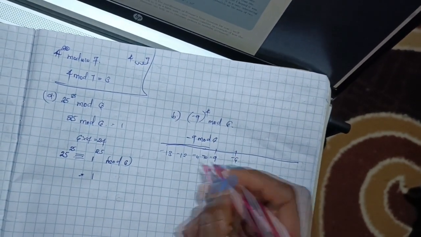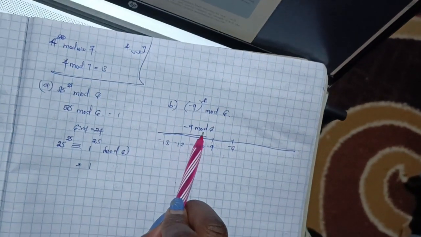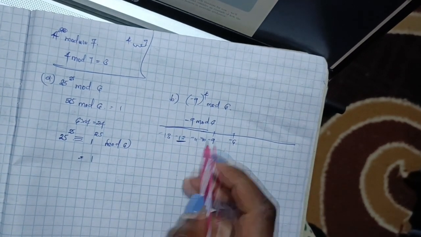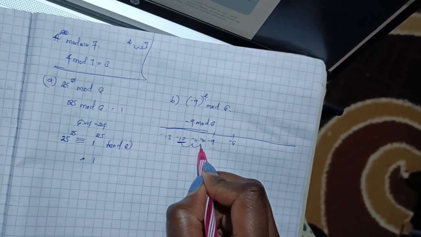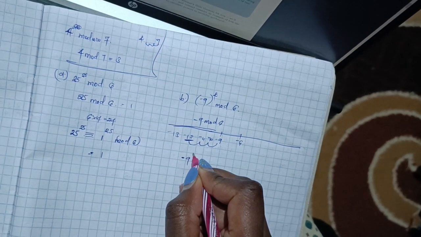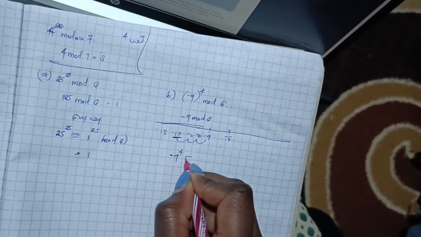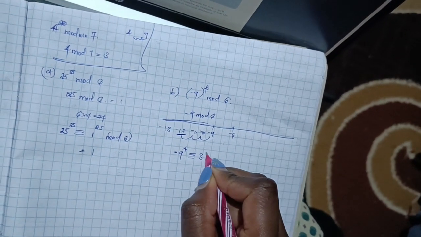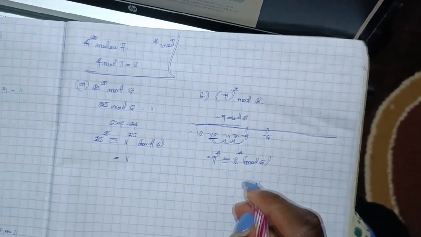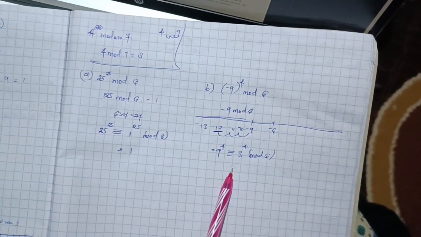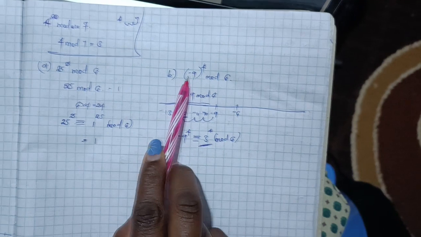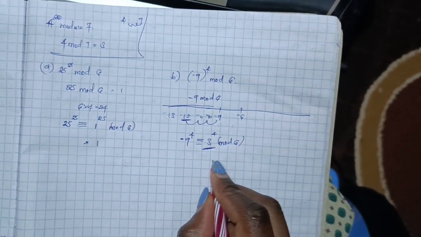In such a number line, 6 goes into negative 9 two times to make negative 12, but the remainder will be 1, 2, 3. So negative 9 power 4 is congruent to 3 power 4 modulo 6. At this point, we can see that the least residue for negative 9 power 4 modulo 6 is 3.